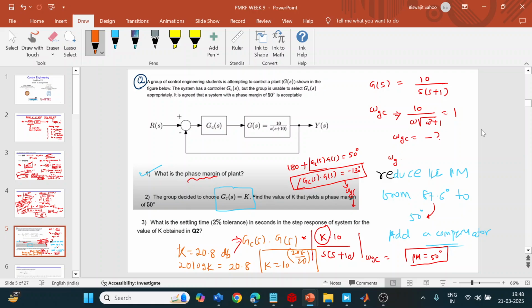At omega gc I got some 8 point something. At 8 point something I saw in MATLAB that there is a lag in gain. Gain is not reaching 1. It is showing minus 20.8. It means if my compensator adds that 20.8, then I'll reach gain equal to 1. That part is done by your k, the compensator gain k. Do you understand now, sir?